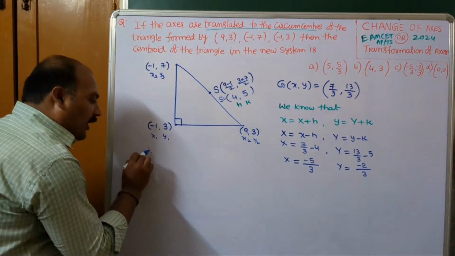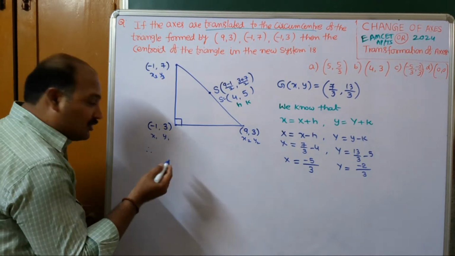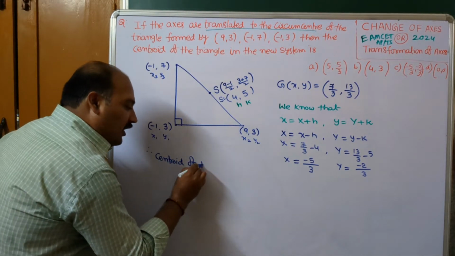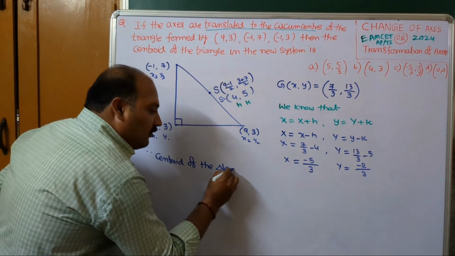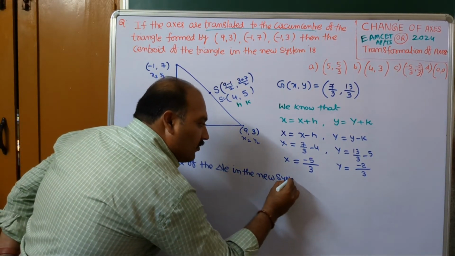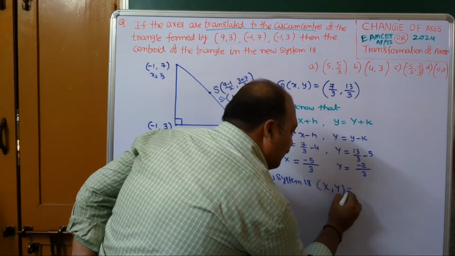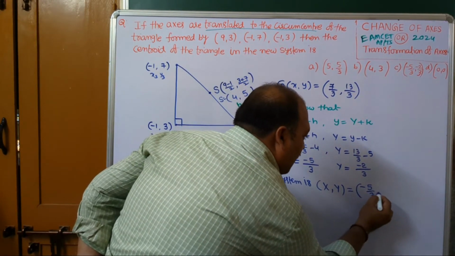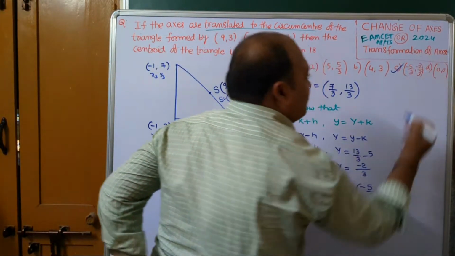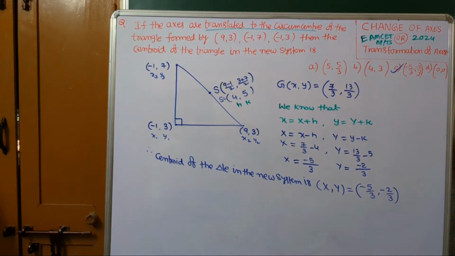Therefore, the centroid of the triangle in the new system is capital X comma capital Y equal to minus 5 by 3 comma minus 2 by 3. Are you all with me, dear students? It is there in the third option. I hope everyone understood that. We'll move on to another question.